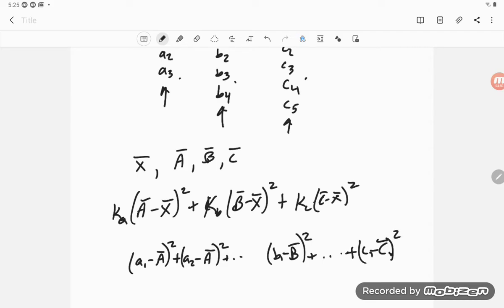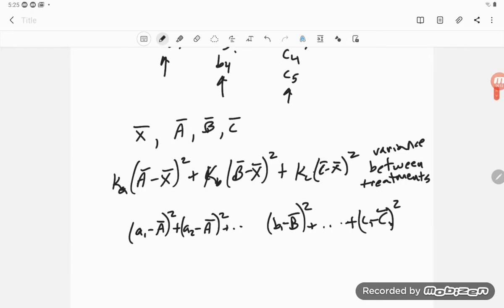What this is doing is, this first one is what's usually called between treatments, or between columns. This is the variance between columns. And then this is the variance within columns.